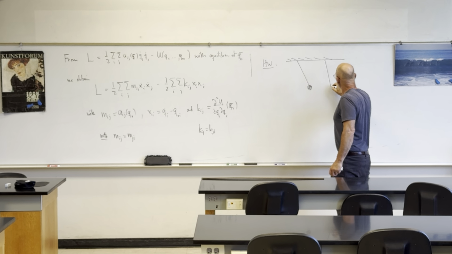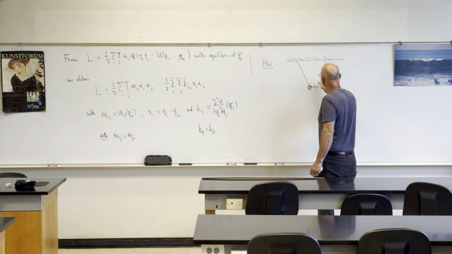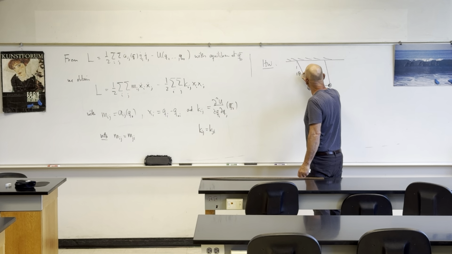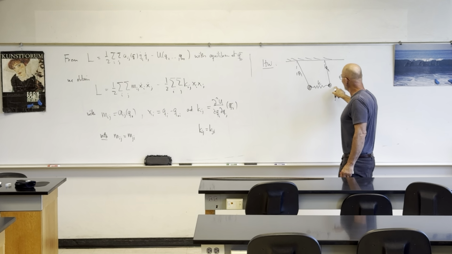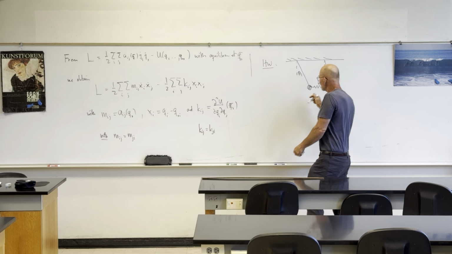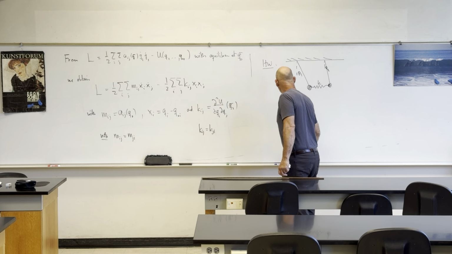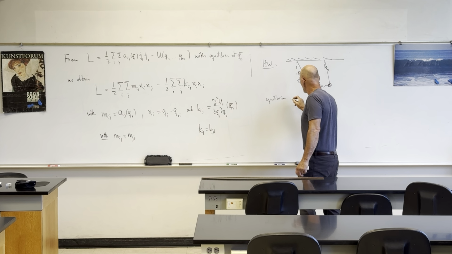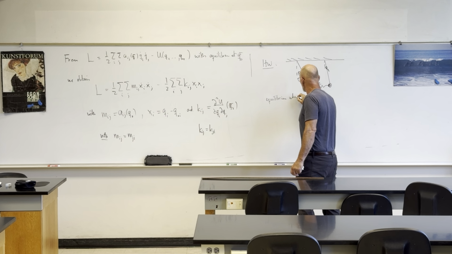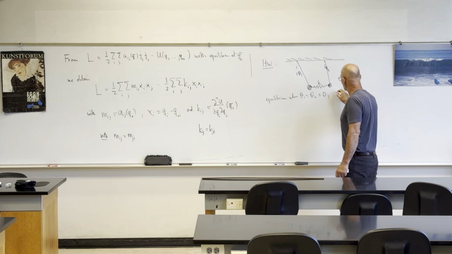We're going to have pendulum, pendulum. Put a spring right there. Theta 1, theta 2. And the equilibrium with the relaxed spring is going to be at theta 1 and theta 2 equals 0. So equilibrium when theta 1 equals theta 2 equals 0, and the spring is relaxed.